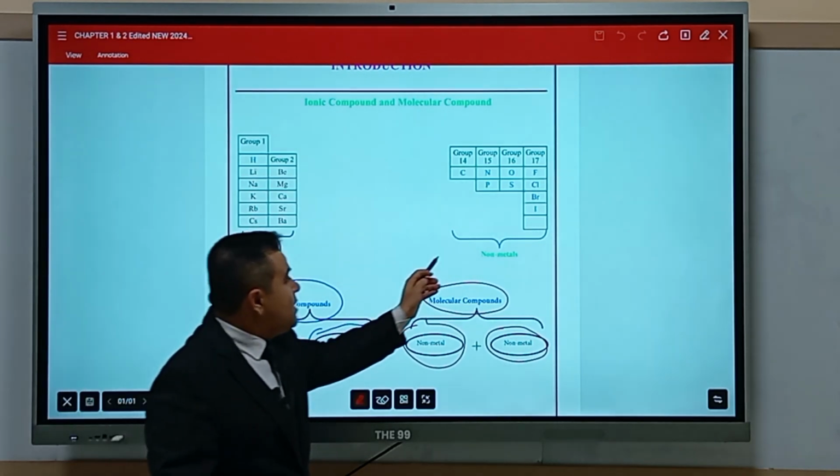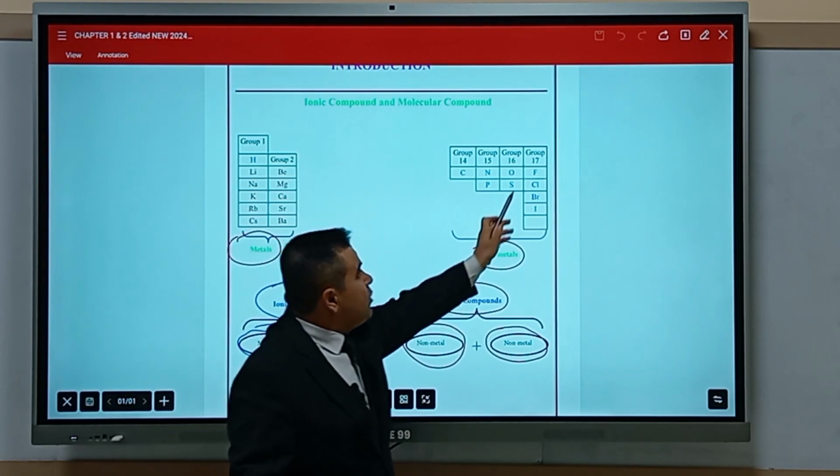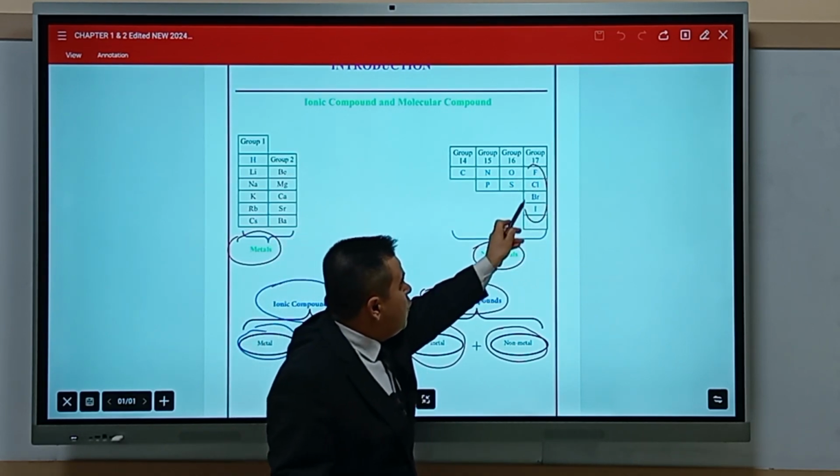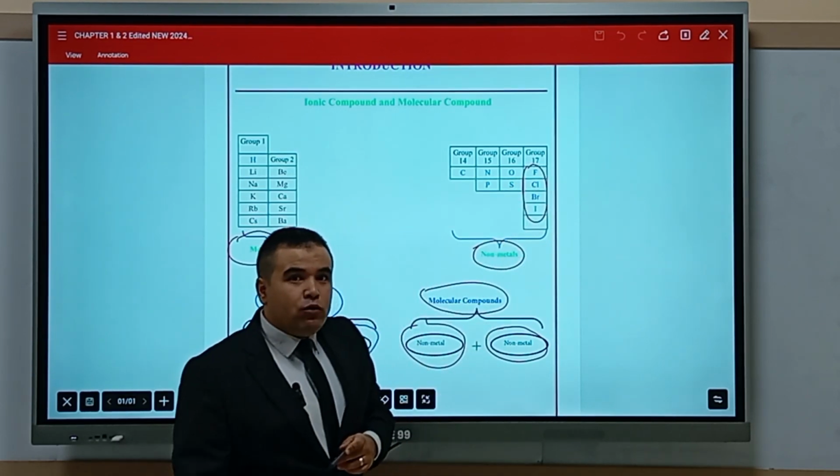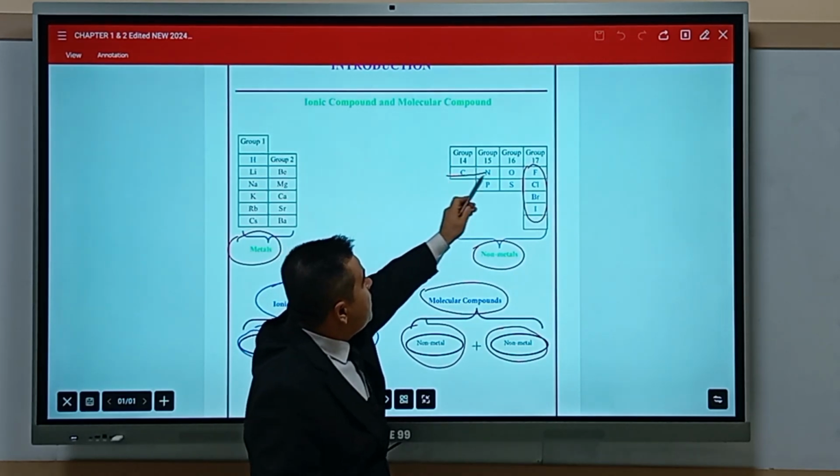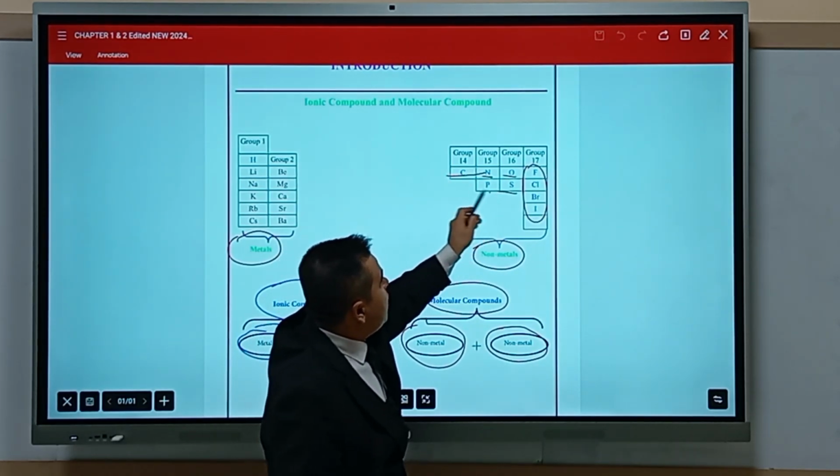And the non-metals, guys: the halogens, fluorine, chlorine, bromine, and iodine, with carbon, nitrogen, oxygen, sulfur, and phosphorus.